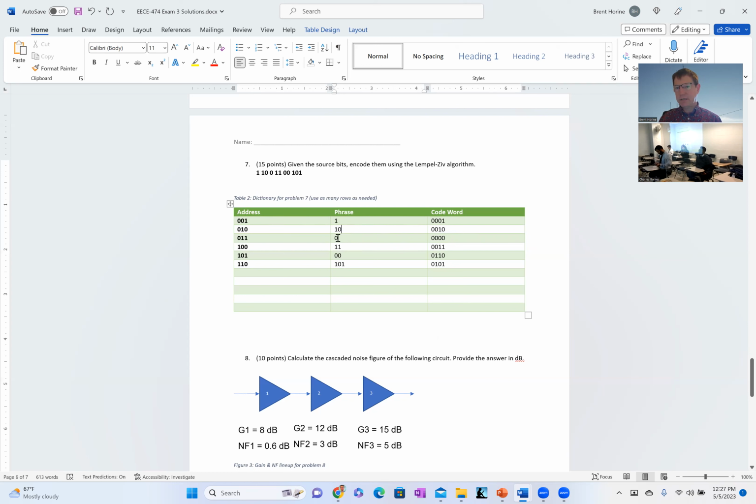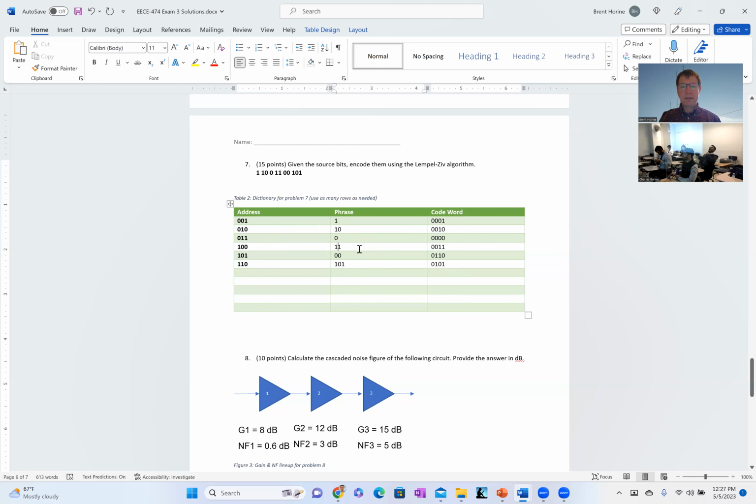Then we do the 0. Well, again, that's just a single digit. So the part that made it unique was just it, and there was nothing to refer back to. So we write down 000 and then that 0 as unique. Continuing on, we do this 11. Well, the 1 we find there, 001, and then the part that's unique, 1. 00, we find that 0 back here, 011.